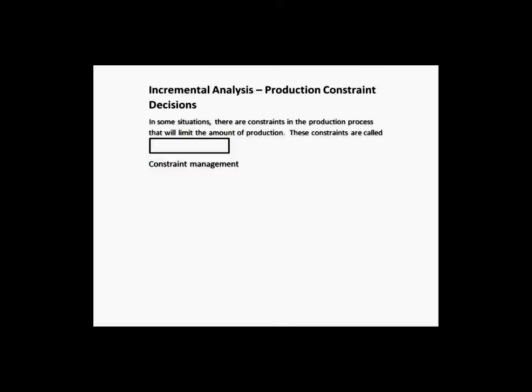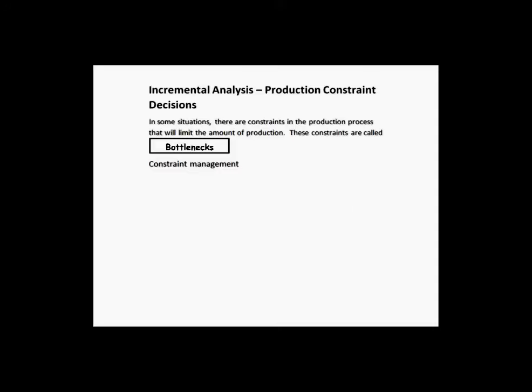In other words, all the units have to go through that machine. At that point, we have a production constraint: even though our capacity with all our other machines is 1,000 units, we still can only produce 500 units because of the capacity constraint on that one critical machine. Now, when that occurs, we call that a bottleneck.